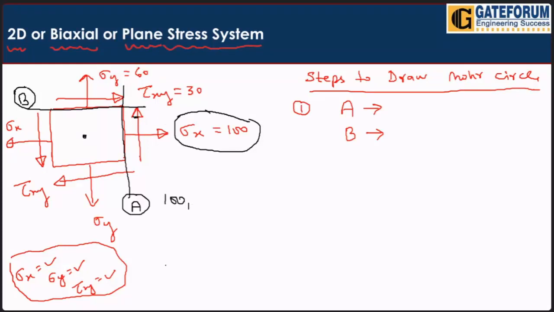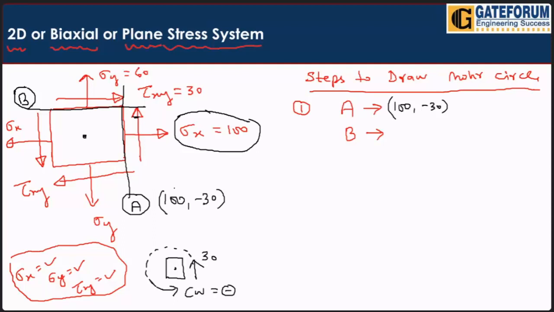This tau xy of 30 turns in the counterclockwise direction, which is negative. So A is 100 comma minus 30, or in general sigma x comma minus tau xy.